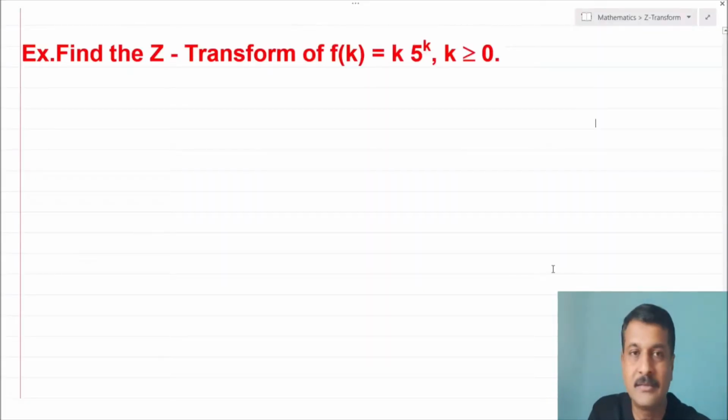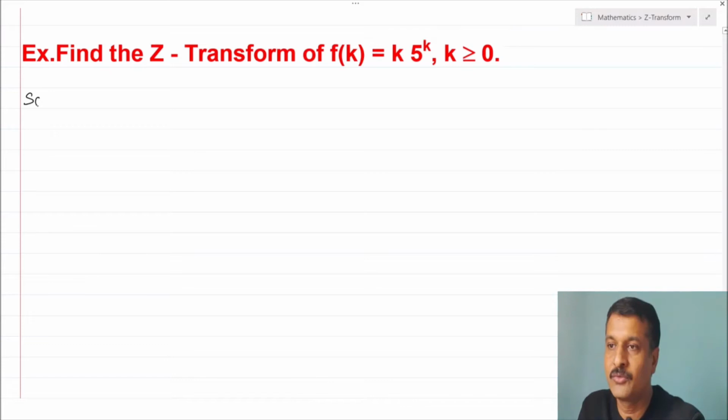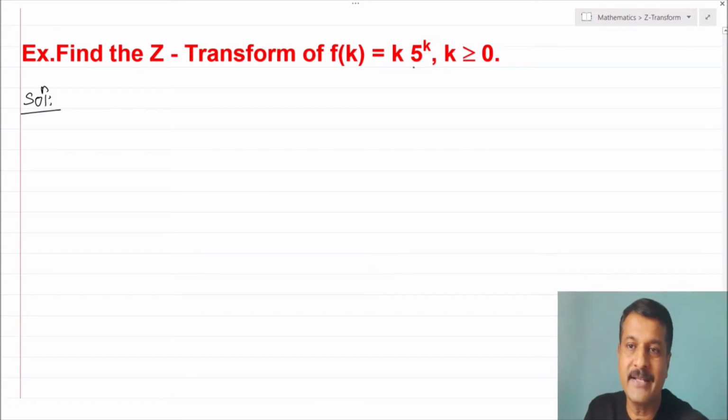Example: find the Z transform of f of k equal to k into 5 raised to k, where k is greater than or equal to 0. Solution: first of all, find the Z transform of 5 raised to k.